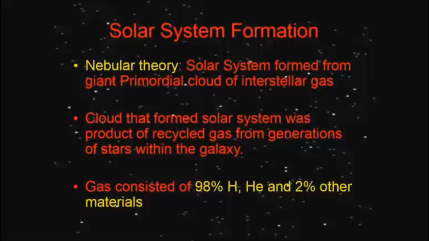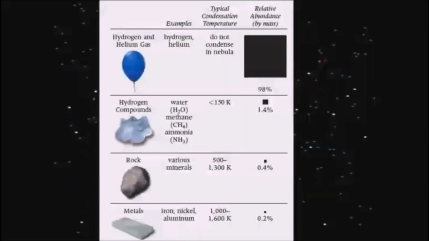Now, helium is a very difficult thing to make, so putting it in balloons is actually kind of a ridiculous thing to do. Most of it is encompassed in the sun. So here's sort of typical condensation temperatures and why we end up with a nebula which has the relatively heavy compounds, a few hydrogen compounds like water, methane, ammonia, lots of rock, lots of metals, and not much hydrogen and helium.